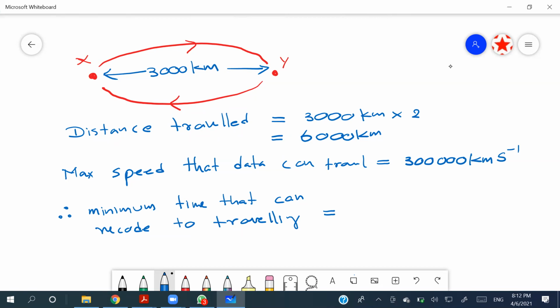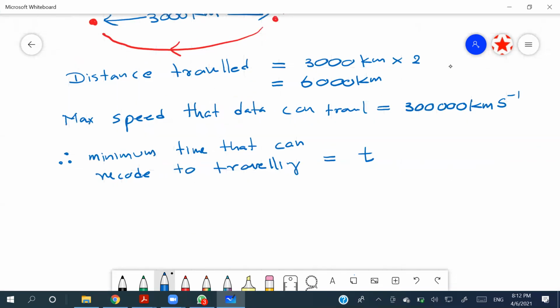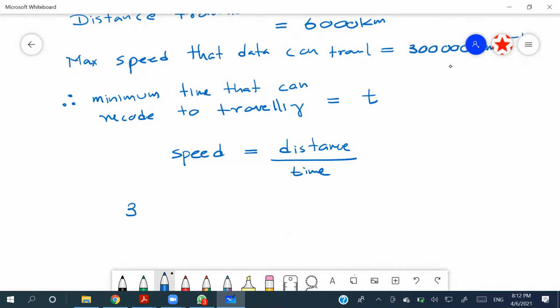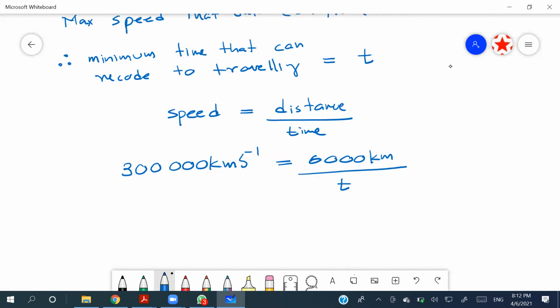So if we take the minimal time as t, we can say speed equals distance divided by time. So this gives you 300,000 kilometers per second equals, the distance is 6000 kilometers and time will be t, right?